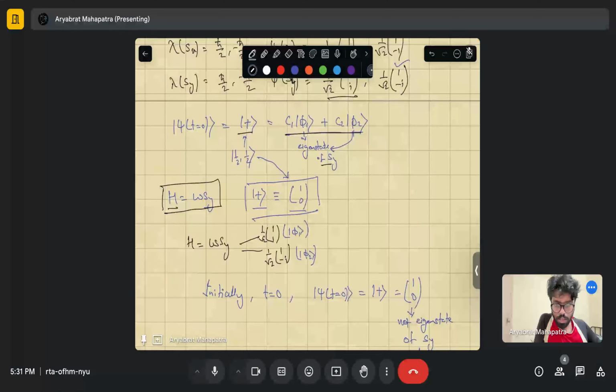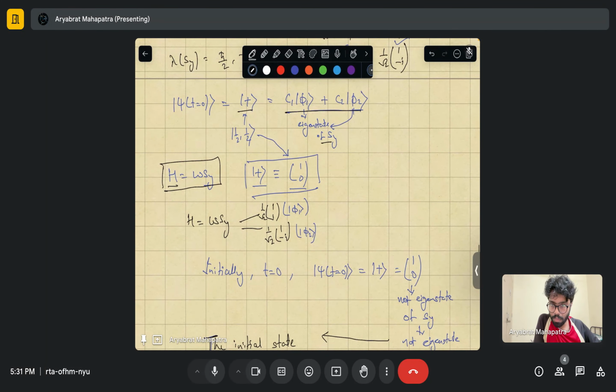Yes. So, due to the effect of the Hamiltonian, you're writing this in this way? It is all about the Hamiltonian.